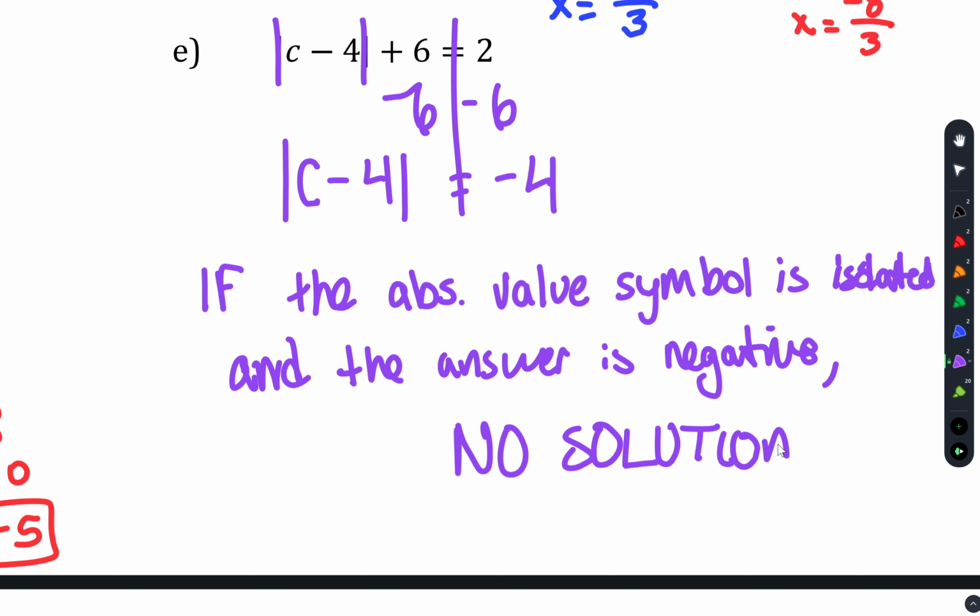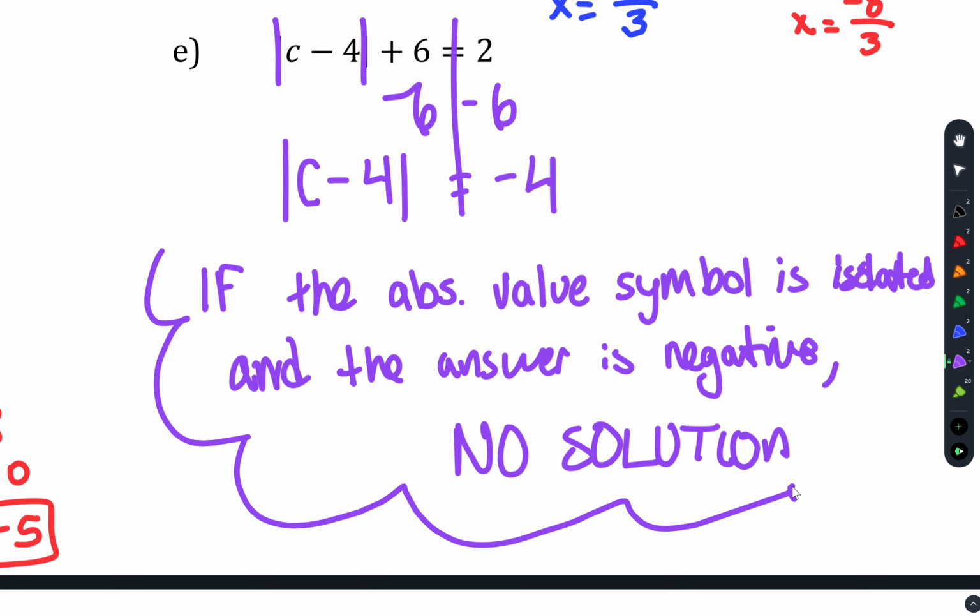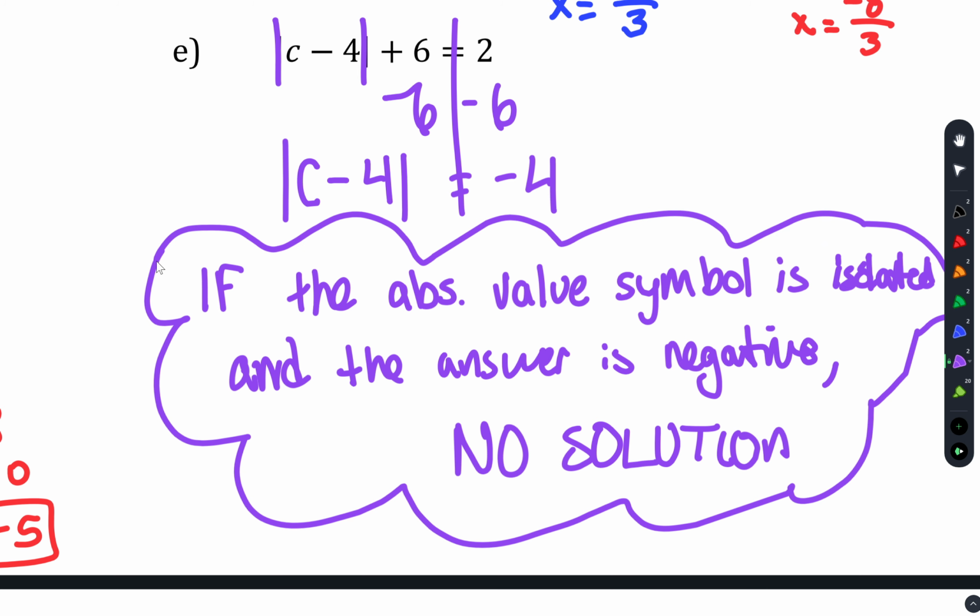The caveat here, the important thing that we are paying attention to in this little note, is that the absolute value has to be already isolated. If I have other stuff next to it, like let's say I had an equation that looked like this.